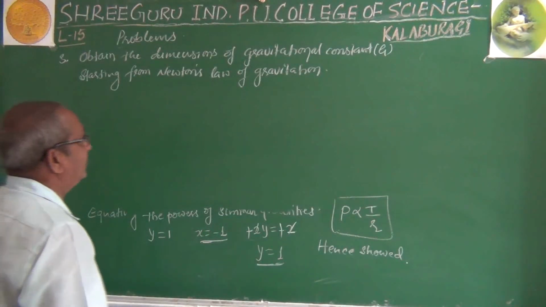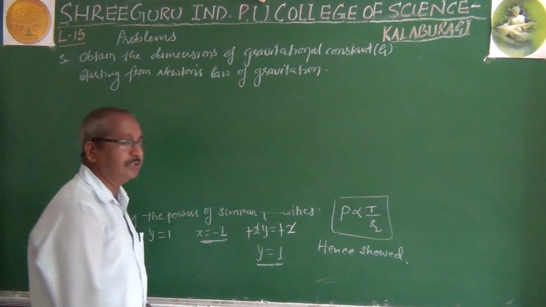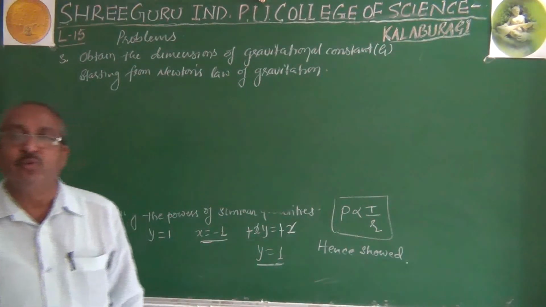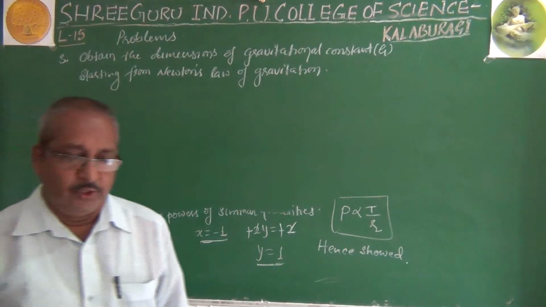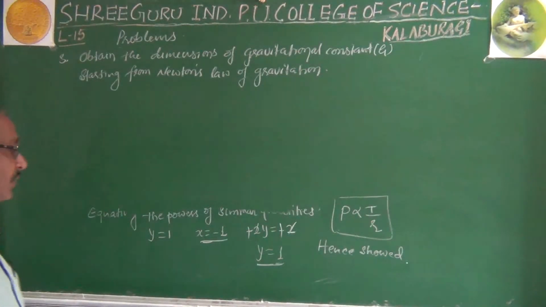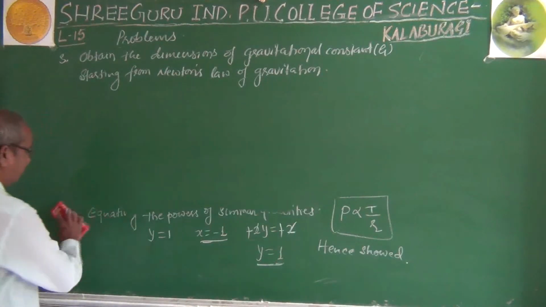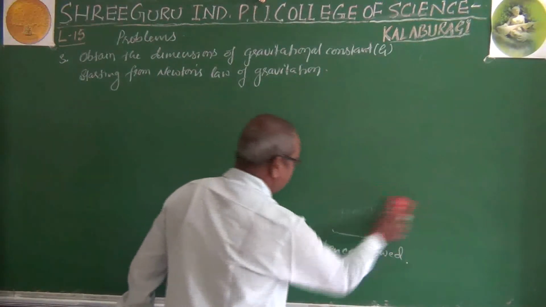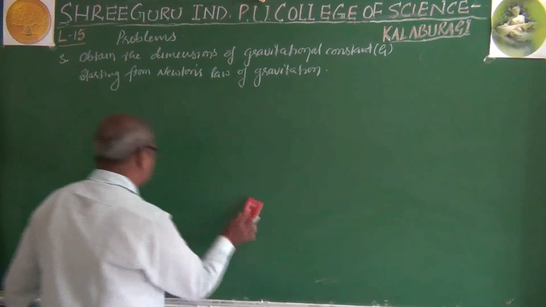Actually it was learned, I think, in 10th standard in the gravitation topic, in which you studied Newton's universal law of gravitation. That we have to know. If we know that, then only it is possible to complete this question.